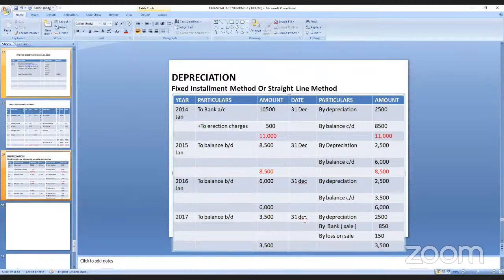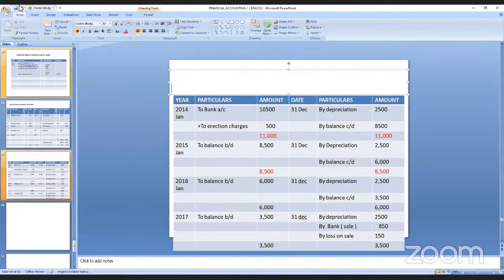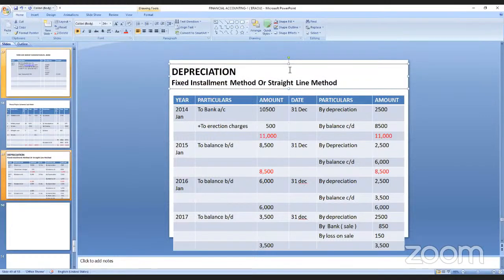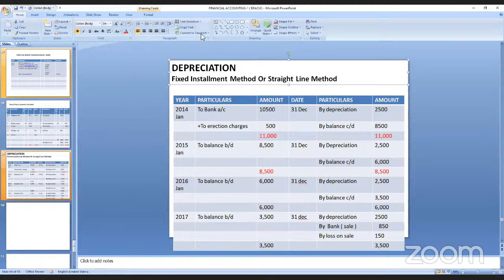This is the fixed installment method. So here the balances are not important. Only the depreciation account is important. When you are writing the depreciation account, you have to write the heading, that is, plant account.